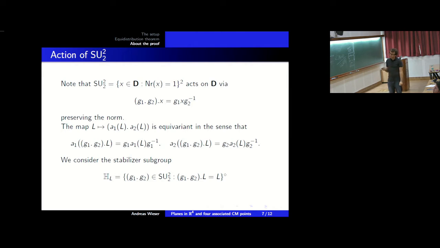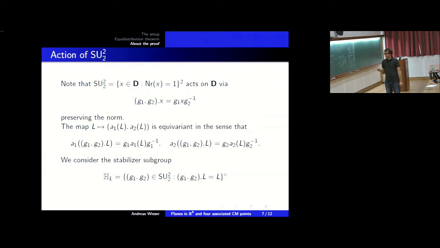So if you apply, say, g1, g2 to L, and then you compute A1 of that, that's the same thing as conjugating A1 of L, and the same thing holds for A2. Okay, good. So the map associating the points, what we called the Klein map earlier, has a nice behavior with respect to the action.